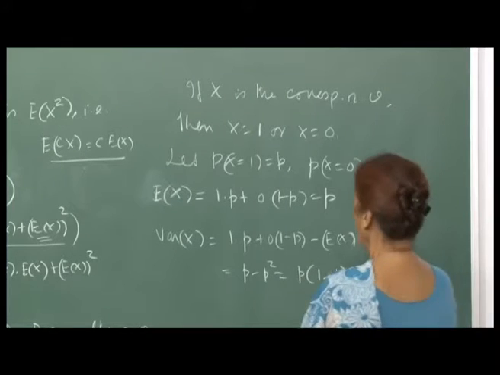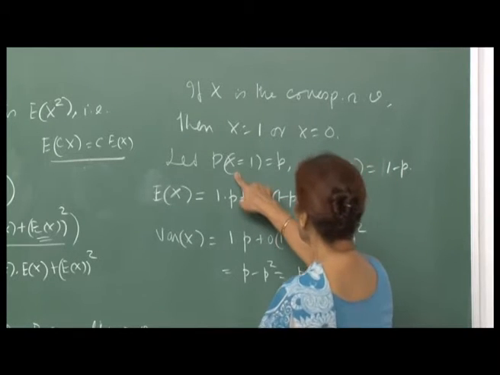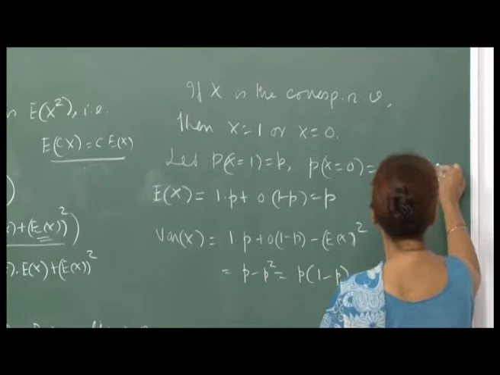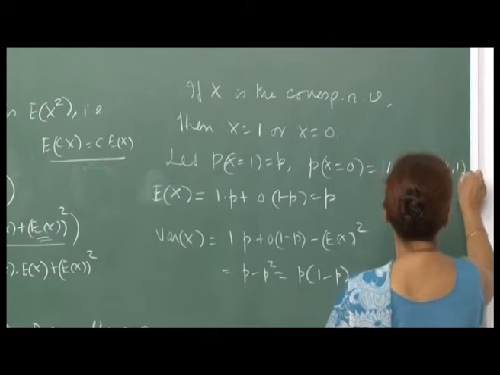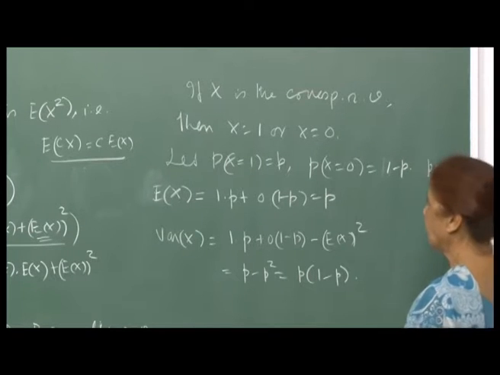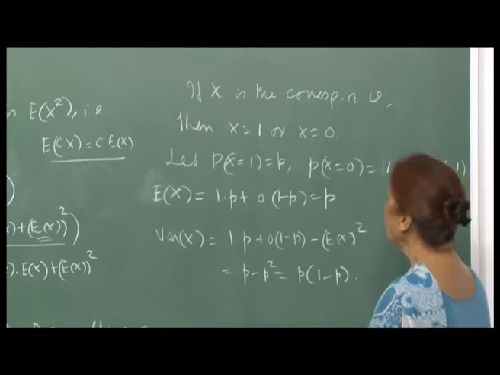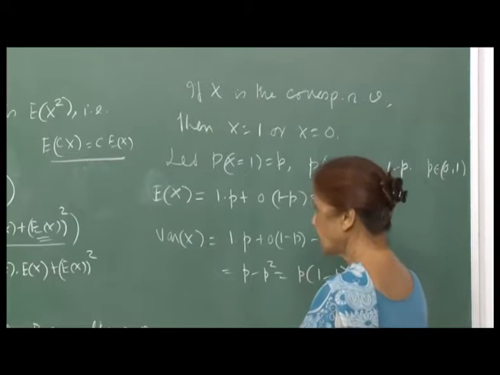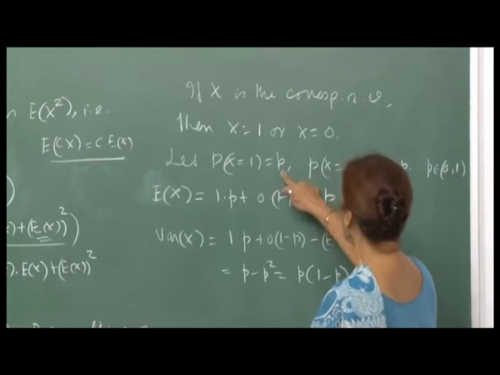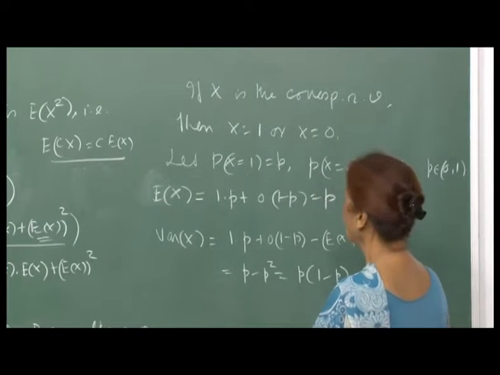Okay. And then let us say that probability x equal to 1 is p, where of course, p is a number which belongs to the open interval (0,1), that means p is not 0. So, I am defining a meaningful random variable or a meaningful experiment in which the outcome is either a success or a failure, and so the probability x equal to 1 will be p, and probability x equal to 0 will be 1 minus p.